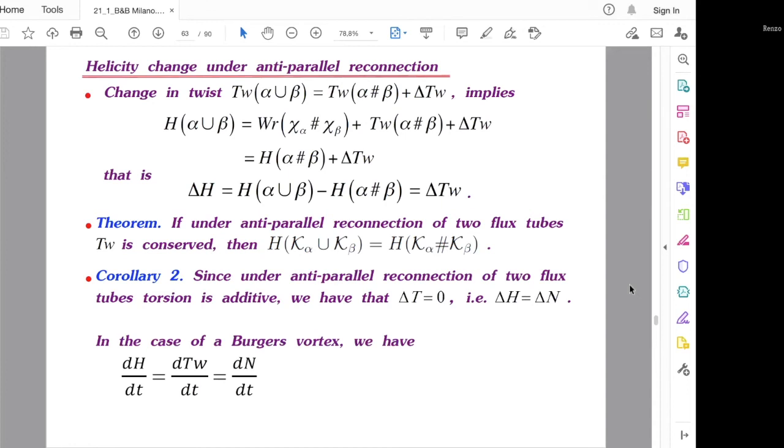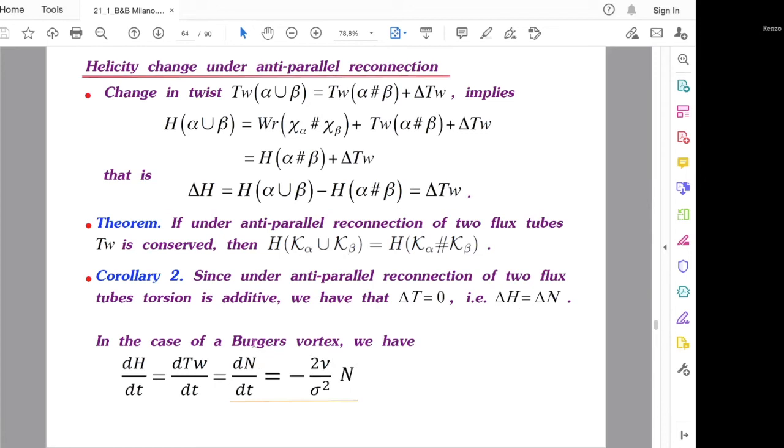In case we consider Berger's vortex, which is again something I teach in my masterclass, an exact solution of the Navier-Stokes equations, we have viscous dissipation again. Then we can state that the change in helicity, because of the change of twist, is actually due to the change of intrinsic twist only.